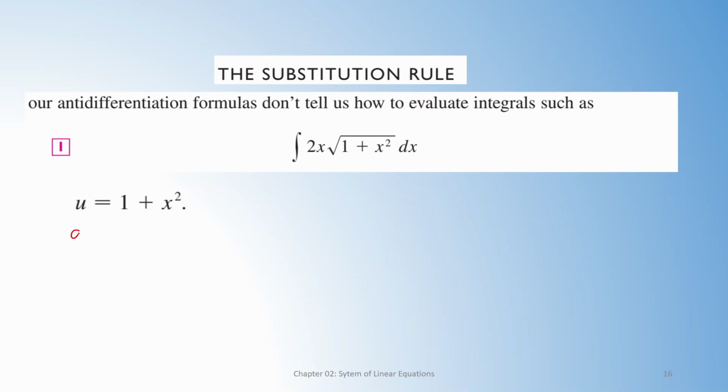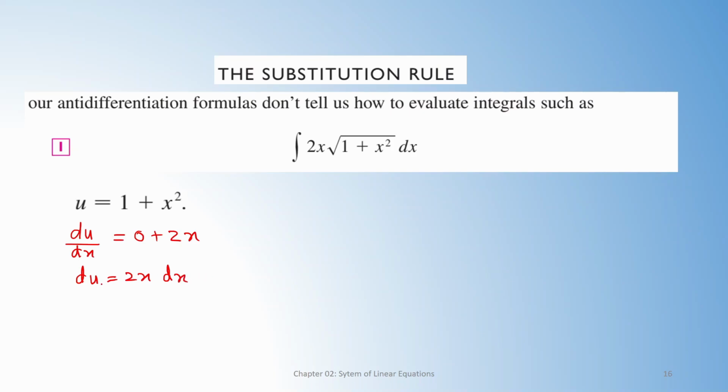So then you get du over dx is equal to the differentiation of 1, which is 0, plus the differentiation of x squared, which is 2x. Now you can multiply by dx. So then from here you get du is equal to 2x dx.